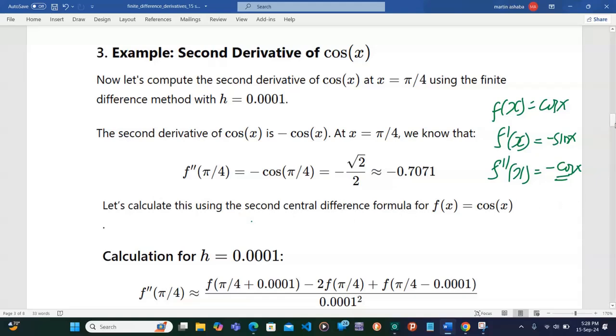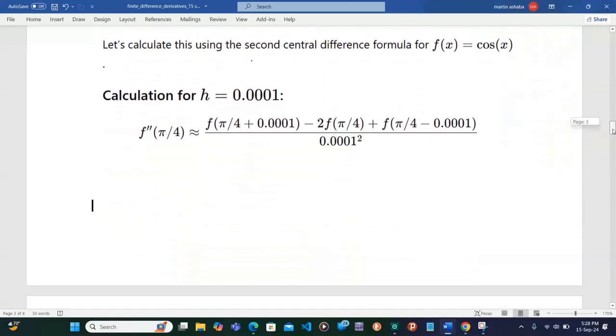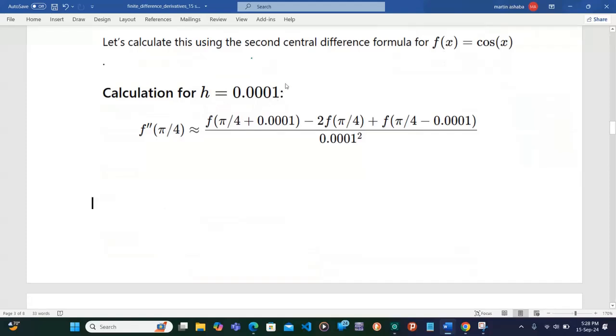Now, if we use the central difference method for h equal to 0.0001, we are going to get the second derivative of f of x at x equal to pi over 4.